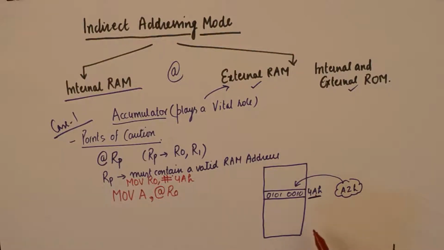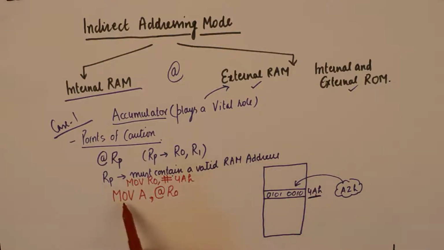Now please understand, I've put the address in R0 as a number. All the addresses in RAM are 8-bit long. So what I've done here is I've taken that address, which is an 8-bit number after all, and I've put that 8-bit number, which is an address, into R0 immediately, so that if I use R0 later on as a pointer to an address, it can be used easily in indirect addressing mode.